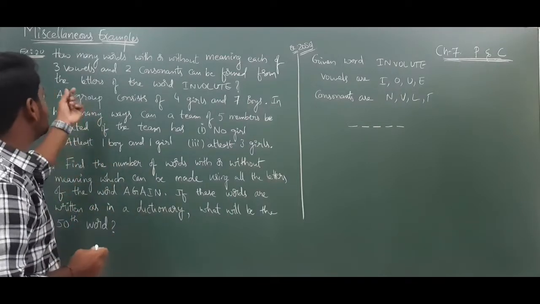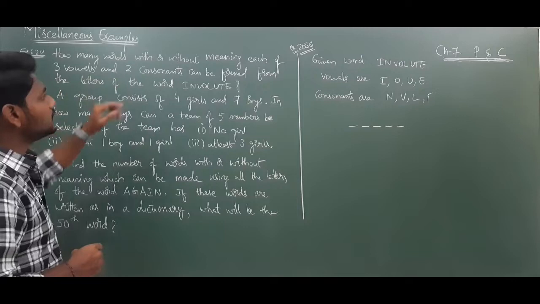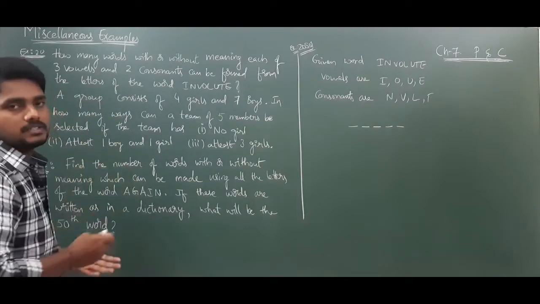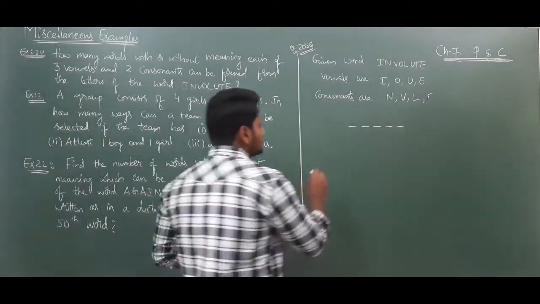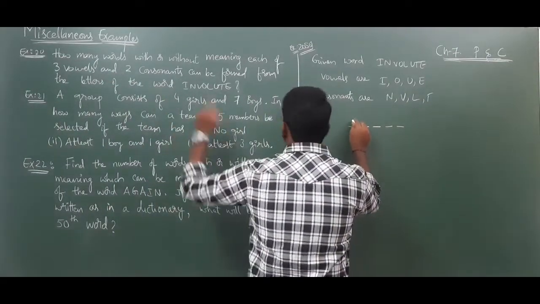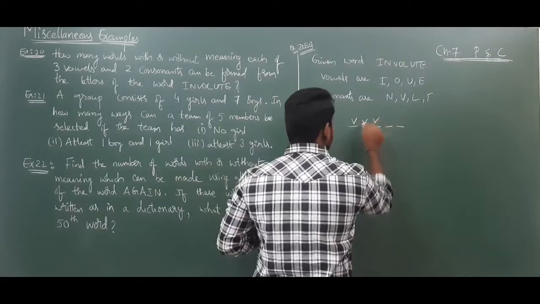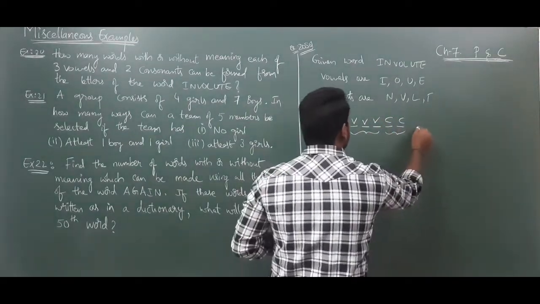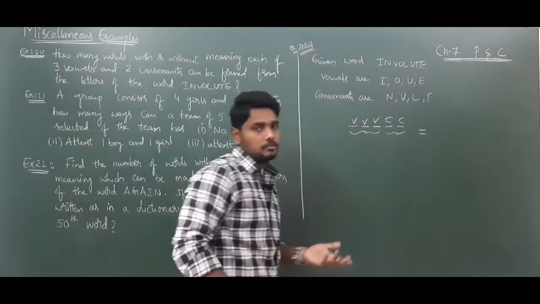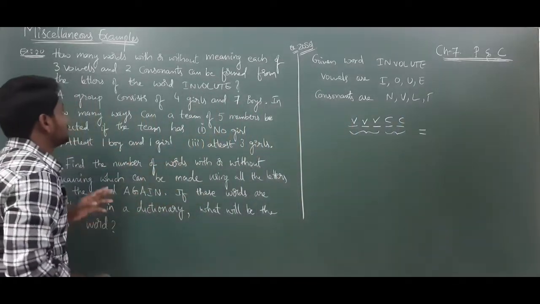So just we need to form those words with 3 vowels and 2 consonants wherever the place is. Right? That means 3 vowels should be there and 2 consonants should be there. So like that we need to find 5 letter combinations. Right? Here this is about combinations.